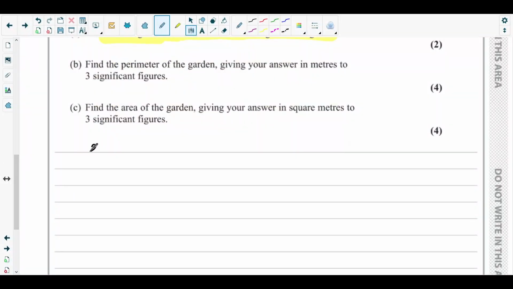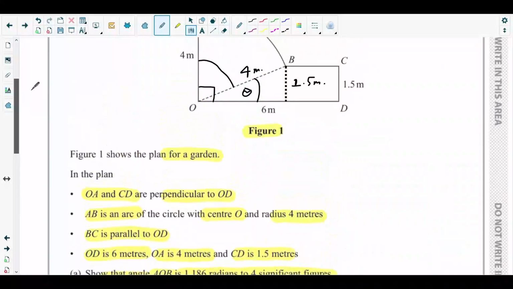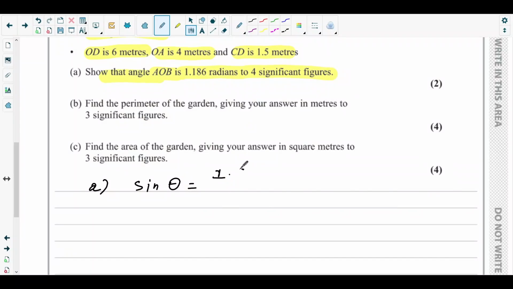We will use the opposite side and hypotenuse, so sine theta equals 1.5 over the hypotenuse, which is 4. So theta equals sine inverse of 1.5 over 4.